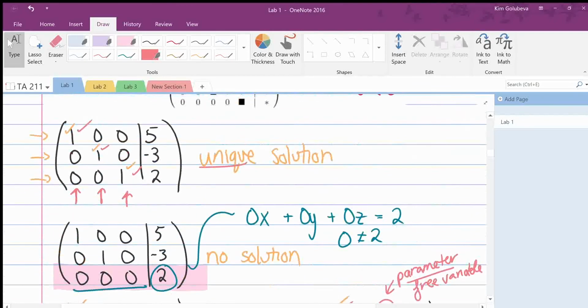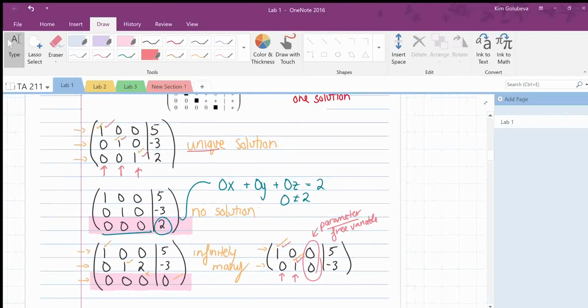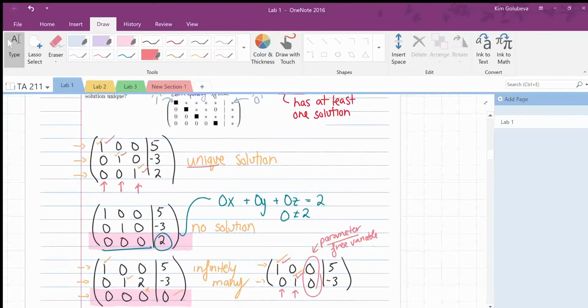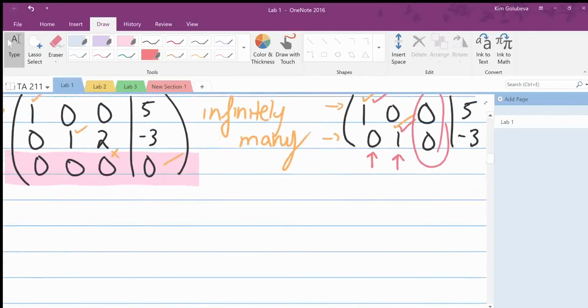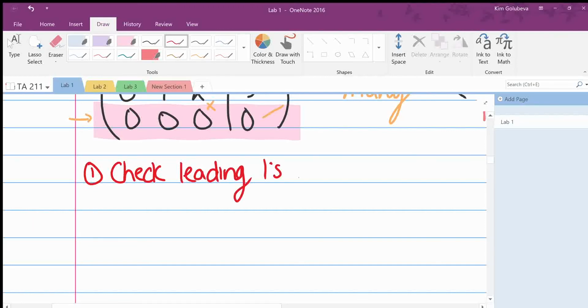So you can look back to this and see what it looks like and the pattern of it for when you're trying to solve these particular equations. So we'll get into the more specifics of how you solve these questions, and it's important to know how to solve these questions because they will be on the midterm. So the first thing that you're going to do is check for leading ones in rows.